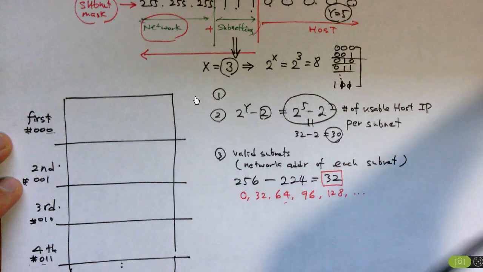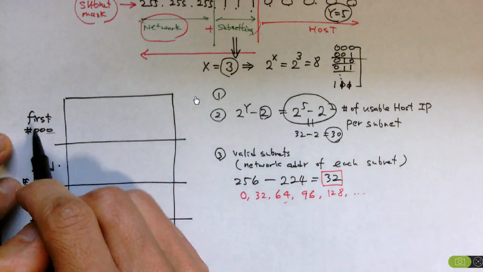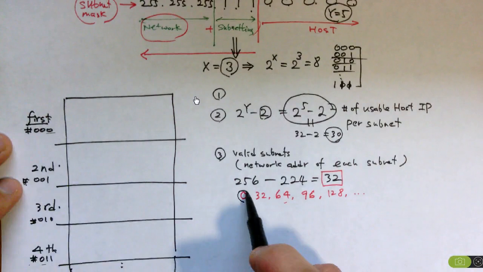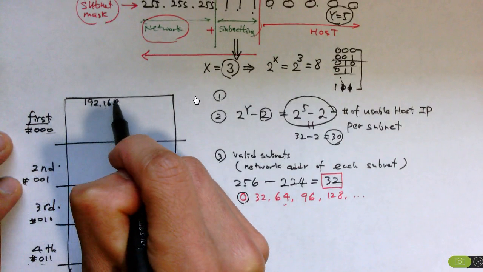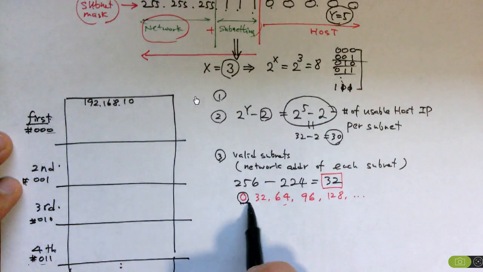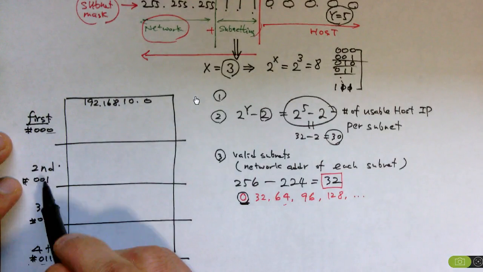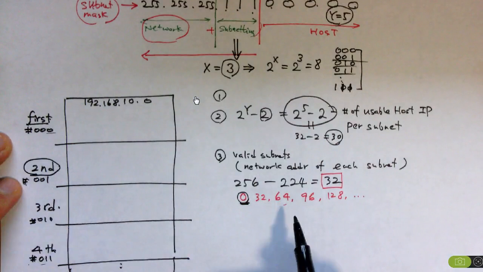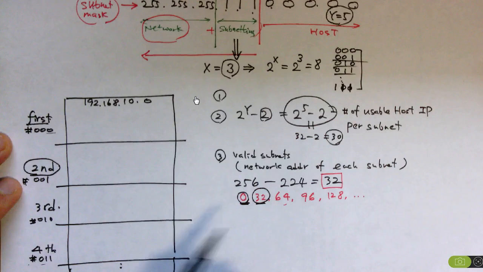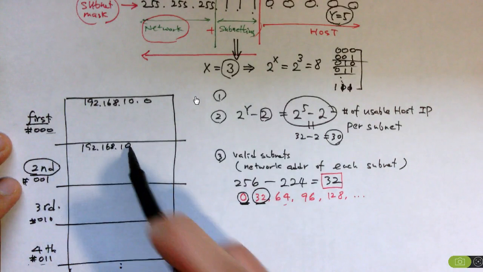Your network address for the first subnet is 192.168.10.0, right? And then your network address for the second subnet is 192.168.10.32.